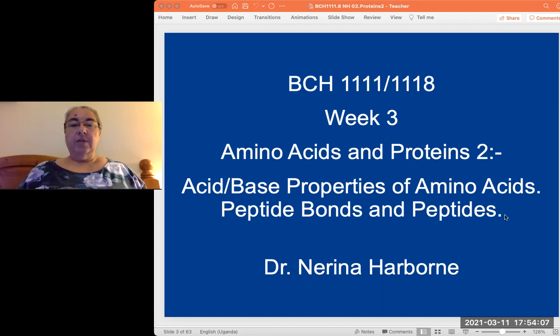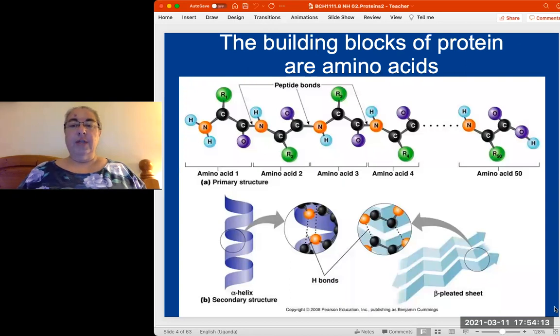Okay, so just a quick recap of what we did last time. I hope you remember, but we talked about building blocks. We saw that many biological molecules are made from simple building blocks, subunits, and the building blocks of protein are amino acids. So I hope that you're very familiar with this sort of diagram by now.